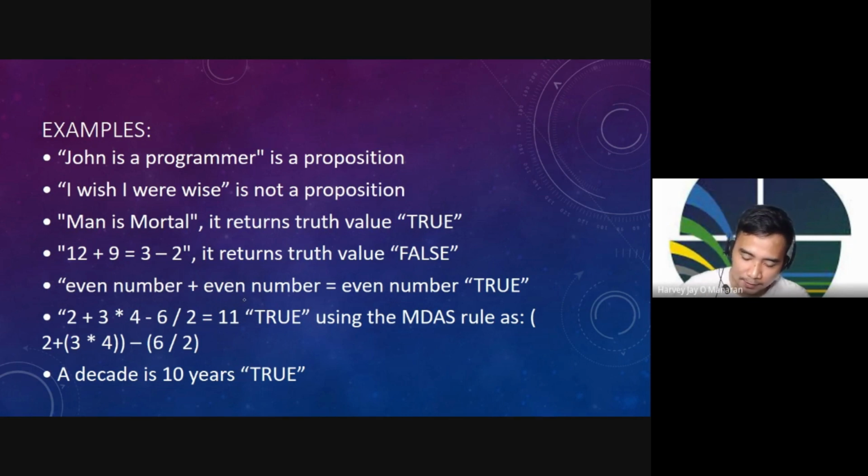So let us investigate why it returns the value of true. So 3 times 4, that is 12. Following the MDAS rule, first is multiplication, second is division. So 6 divided by 2, that is 3.